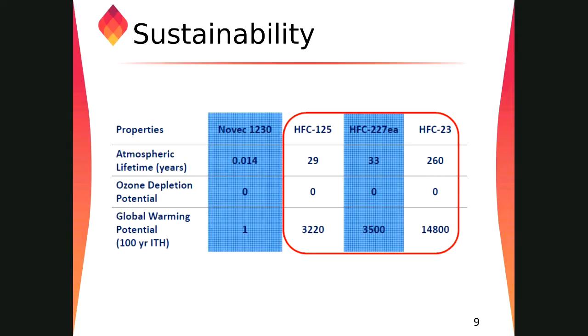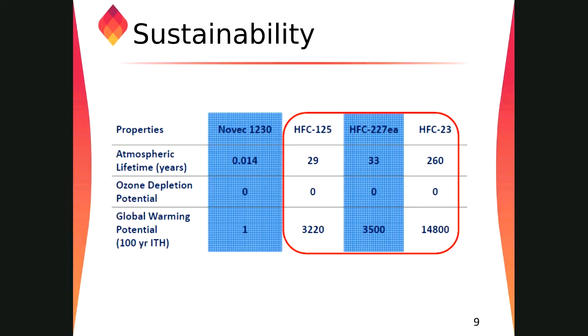And the global warming potential we have at the bottom. That is the other case. This is the reason why. Is it not harming the environment? Yeah, it will not harm the environment. If you want a gas which is not harming the environment in any way, the best one we have is Novec 1230, and after that we can go with the FM200.